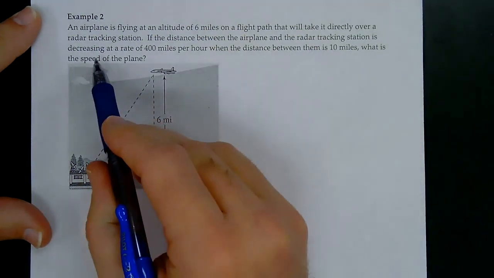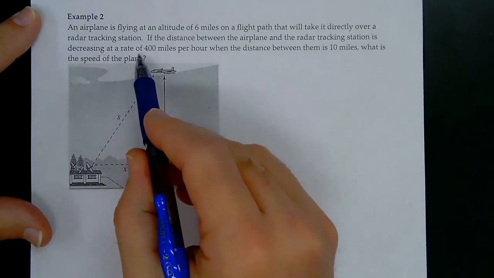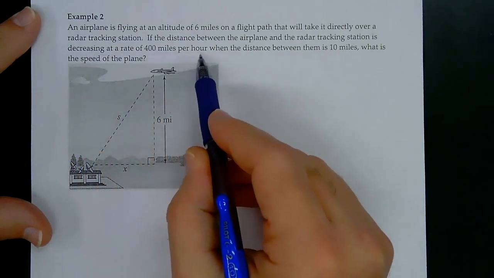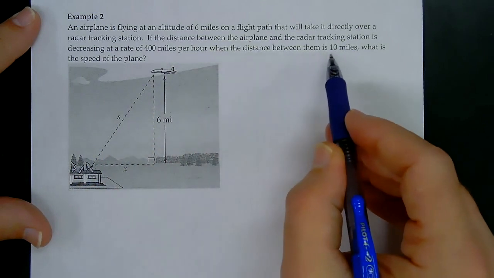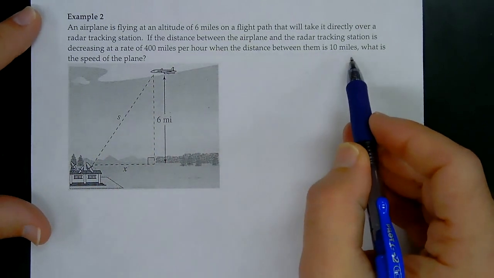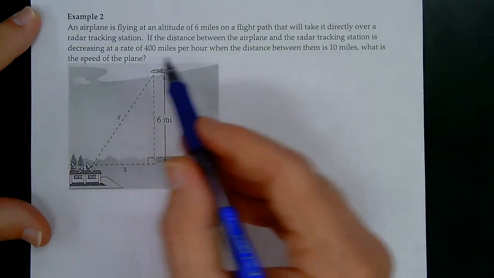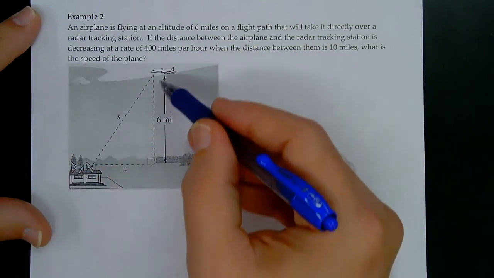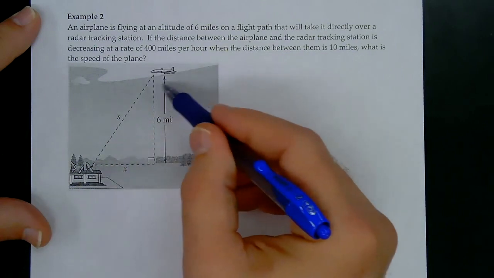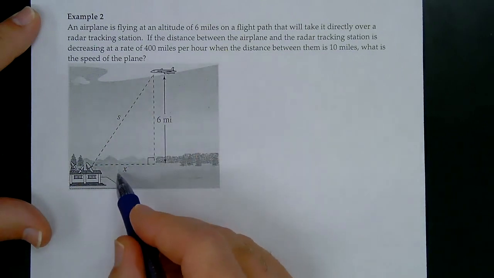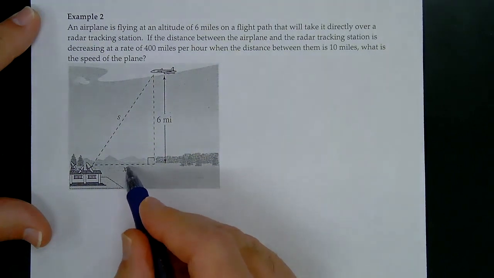And it's decreasing at a rate of 400 miles per hour when the distance between them is 10 miles. And then we want to know, what is the speed of the plane? So the speed of the plane is like, if you put this on the ground and you were going on the ground, what would be the speed of the plane? And that would be the derivative of this x right here.